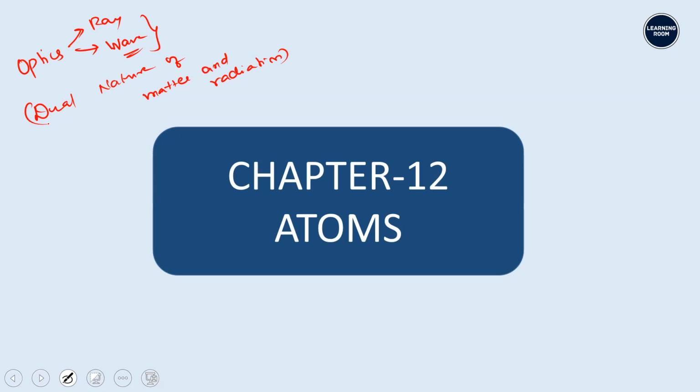If you observe, atoms had been playing an important role not only in this chapter, it had been important right from the beginning of our 12th standard discussion. When we discussed electrostatics, what object did I talk about? An atom, right? So what does an atom consist of? Atom consists of electrons and a central part called the nucleus.